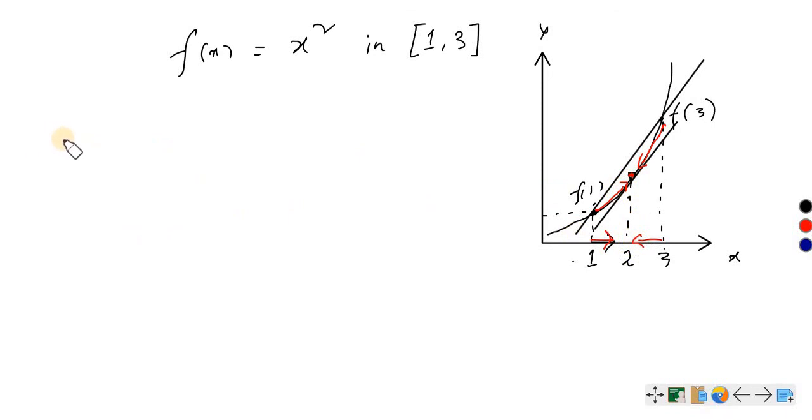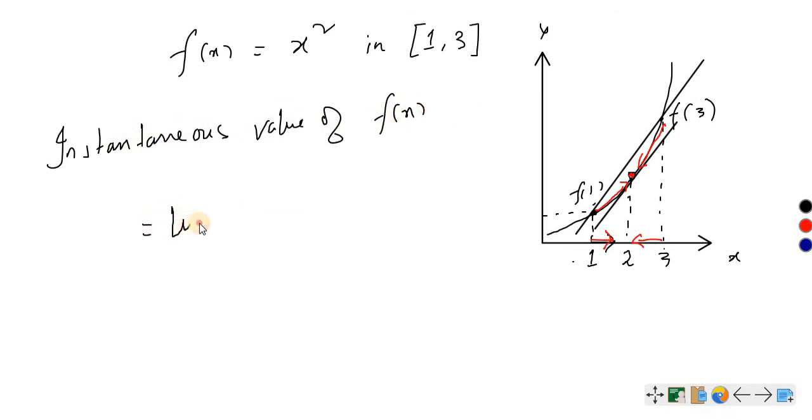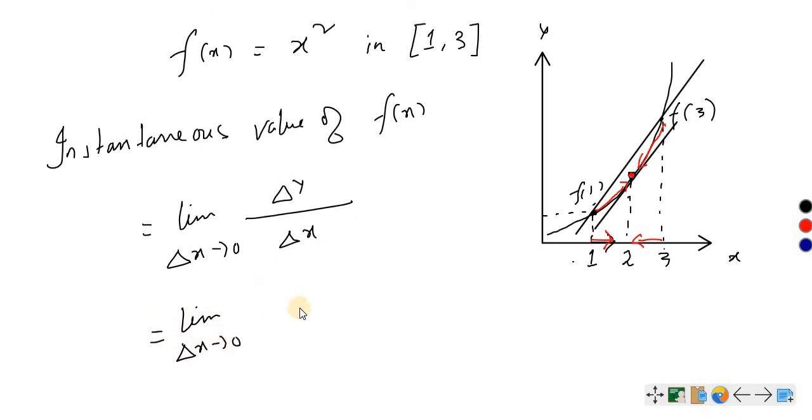So we can write, the instantaneous value of a function f of x can be written as limit del x approaches 0 of del y by del x, or this can be written as limit del x approaches 0 of f of b minus f of a by b minus a.